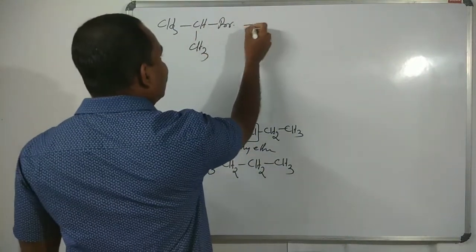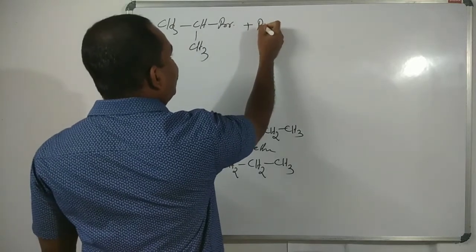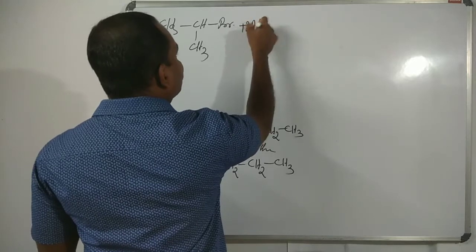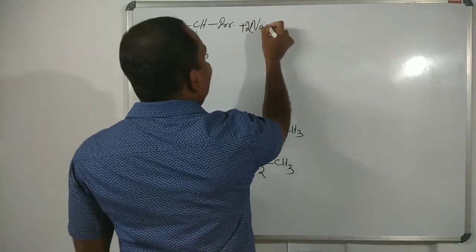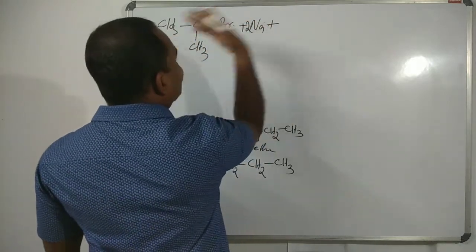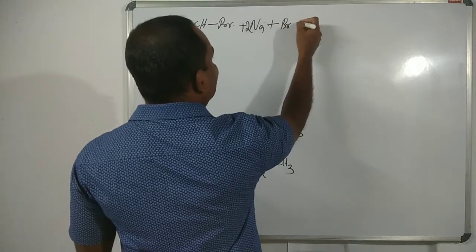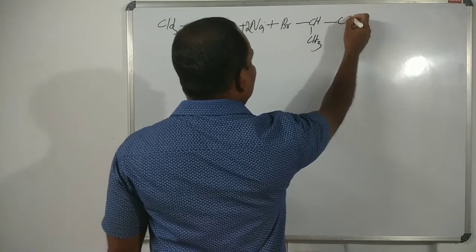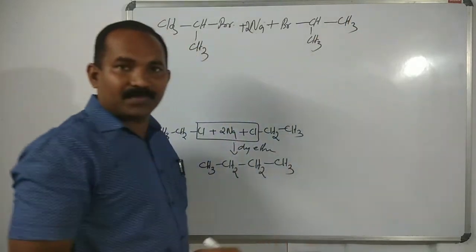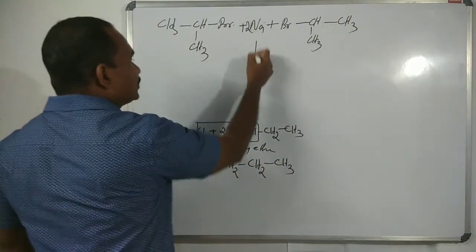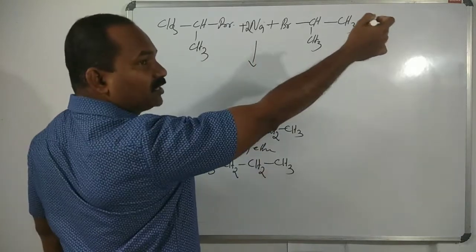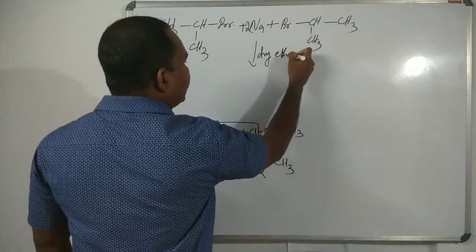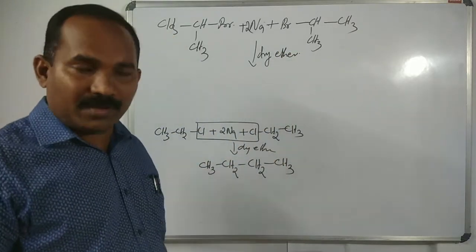You repeat the same molecule, and before that you write 2 sodium, 2Na, plus Br, and this molecule repeated in the reverse pattern, CH(CH3)2. There is no space, that's why I write here: in the presence of dry ether, dry medium.